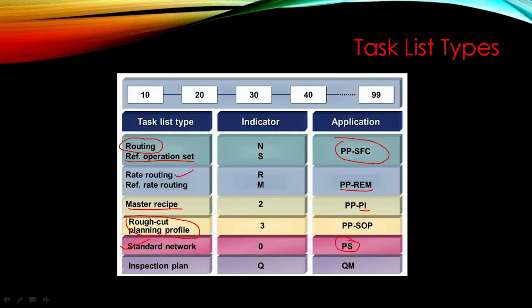And then the last one is inspection plan, which is used in the quality management module of SAP. So basically all these are different types of task list, and the one that we're going to study in today's class is routing. So we'll see here what is routing.